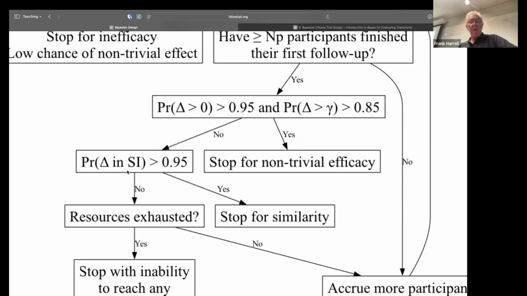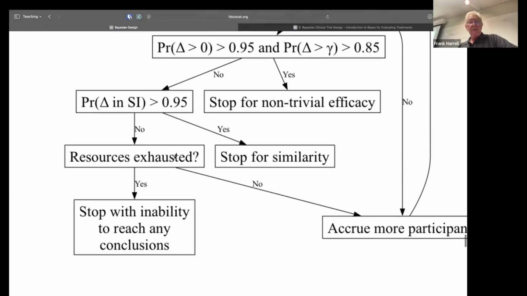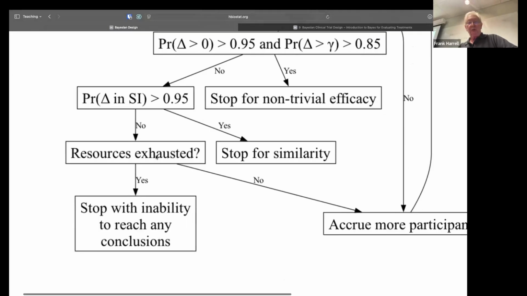If that is not met, you can look to see if you have evidence for similarity. And if you don't, and your resources are not exhausted, you keep going. If they're exhausted, at this point, you stop with the inability to reach any conclusion. This is our worst outcome other than the treatment killing patients left and right.